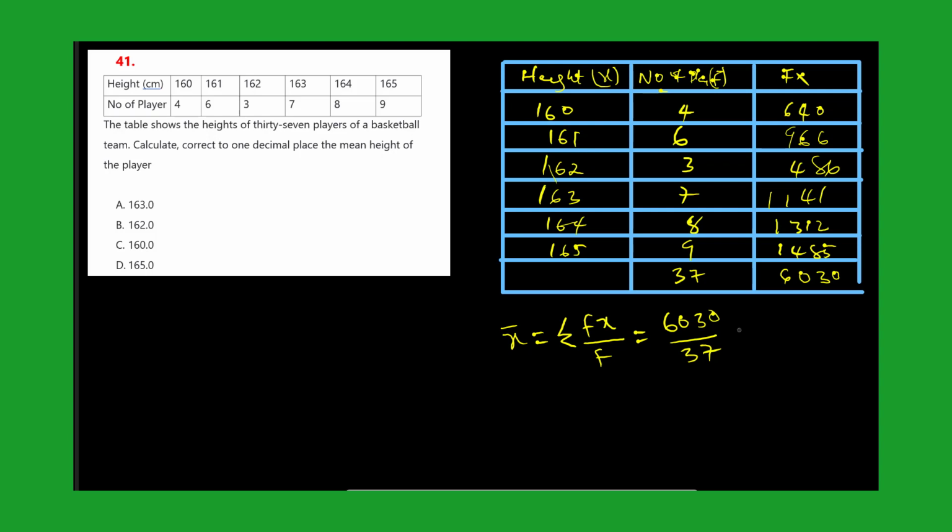So our answer is 162.9. But we are asked to calculate correct to one decimal place. So our final answer will be 162.9 to 1 decimal place. So option A is our answer.